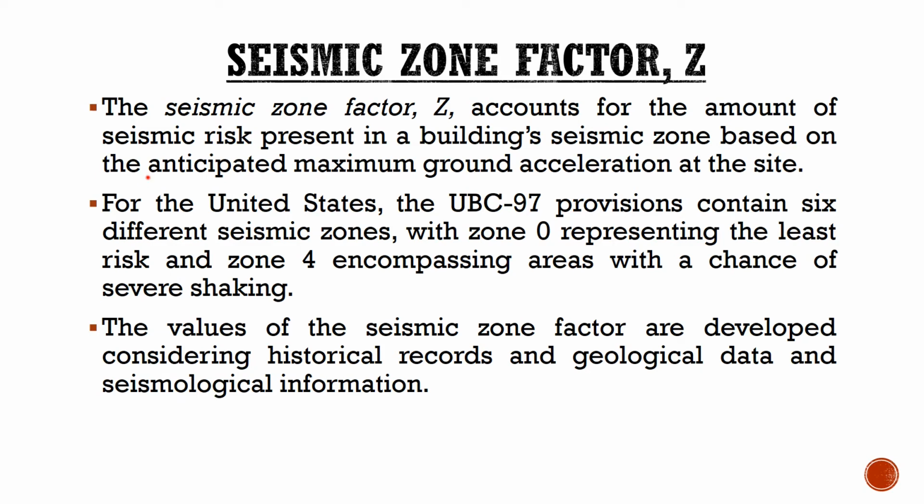Then in the US, guys, the 1997 provision provides 6 different seismic zones, with 0 representing the least risk and zone 4 encompassing areas with a chance of severe shaking.